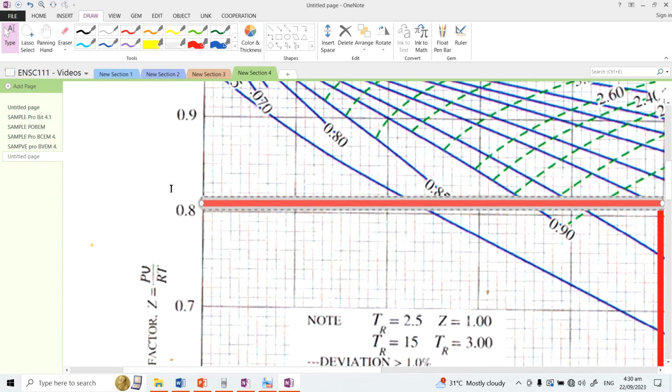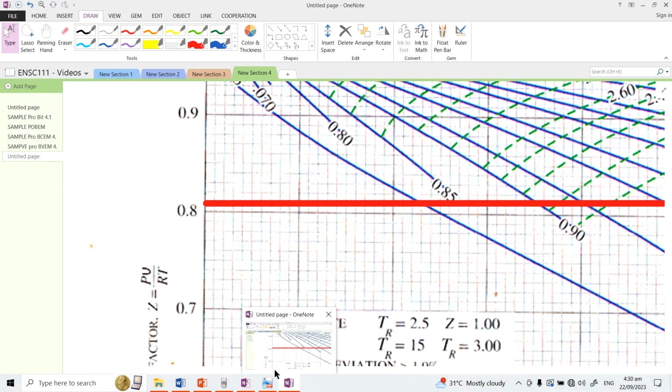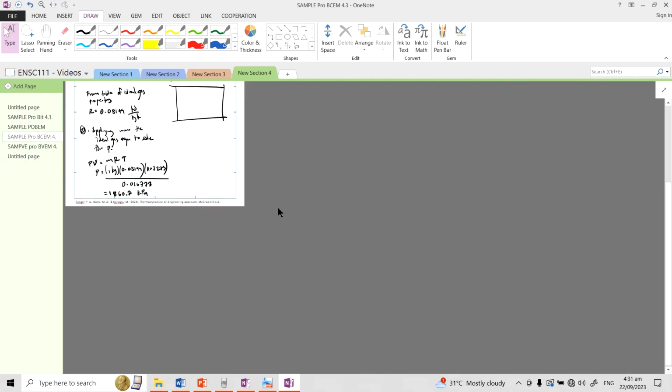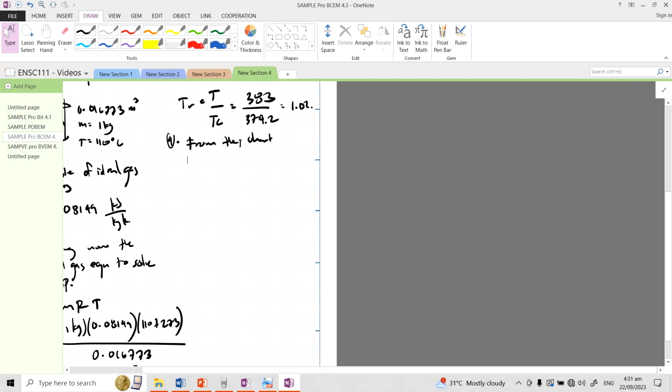Then here is 1.8. We have 10 divisions here, so that means this is 0.81. So from the chart, Z is equal to 0.81.